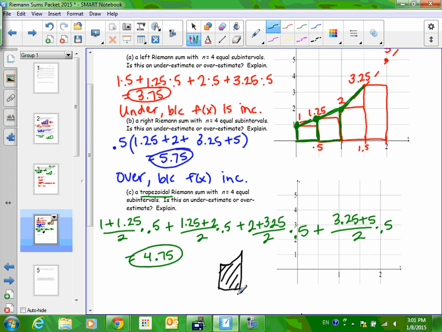This would be the best answer, but we don't have a formula for that shape. So what we were doing in this problem is we were connecting this point to this point, and we were finding the area of the whole thing. So is this trapezoid's area over or under what I had shaded kind of in that black color? It's over. Okay, the green is over the actual curve.